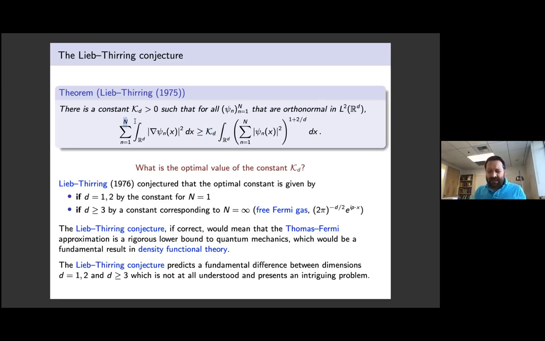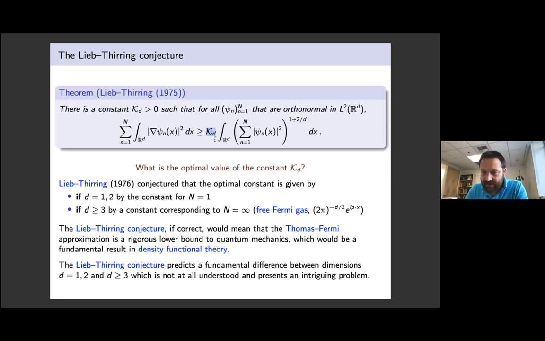So that would mean that these particles repel each other, right? Even if you allow the system to have these n orbitals, they want to go very, very far away so that you don't see any interaction between them, and then you get the constant corresponding to n equal to 1.